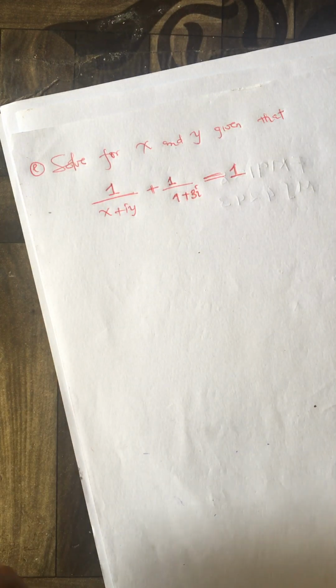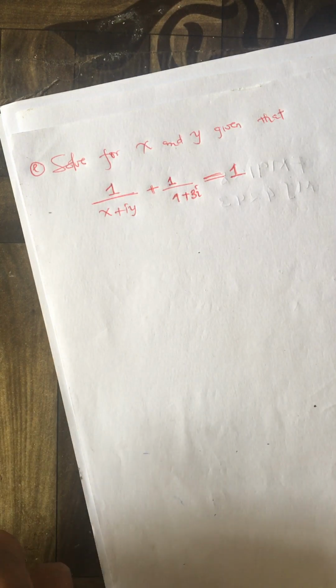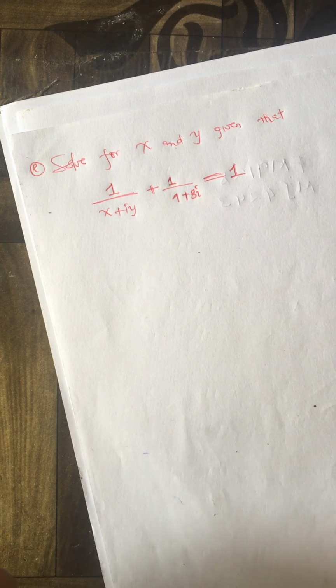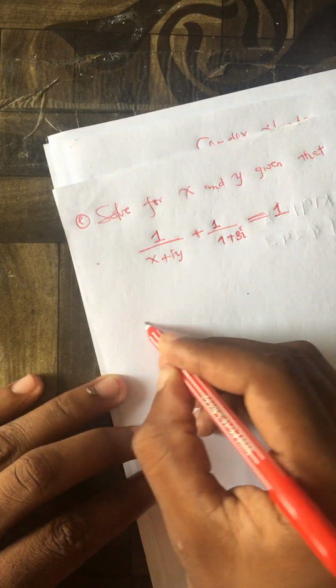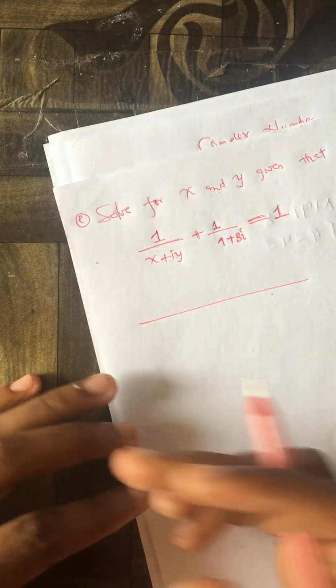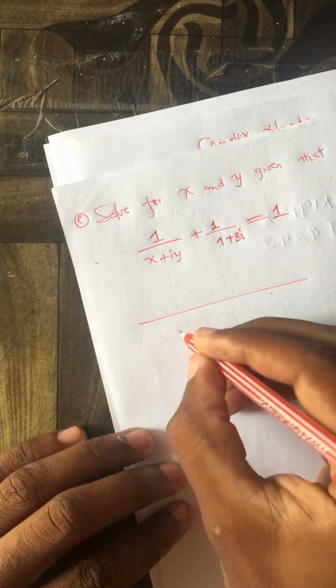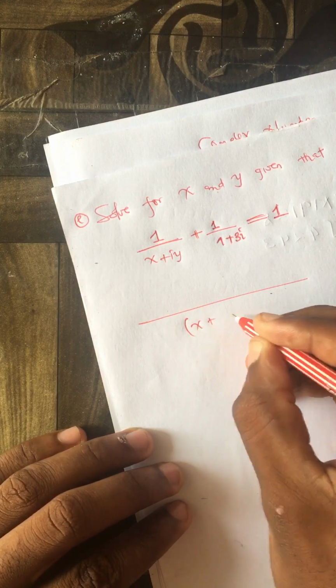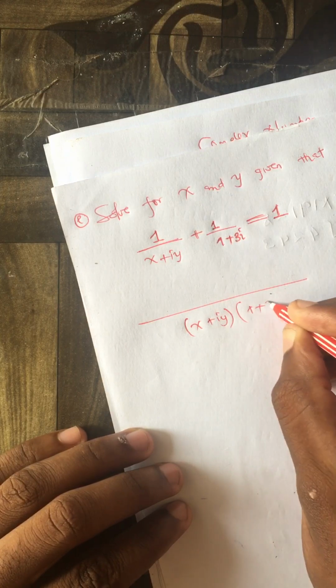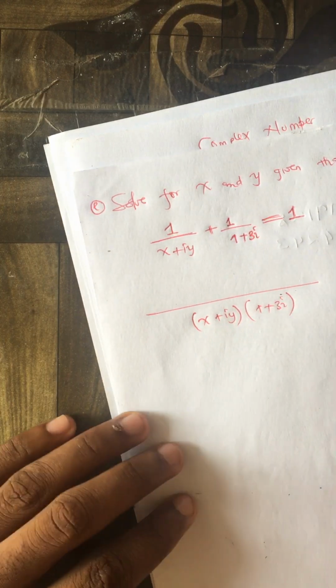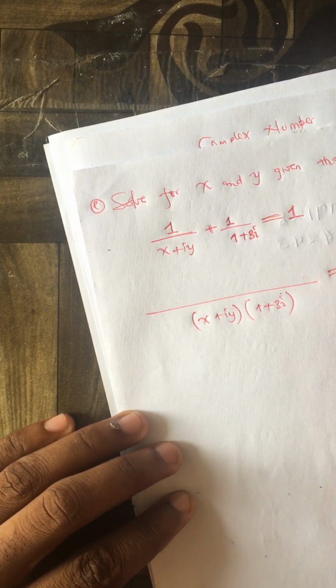Okay, so this is just how to do it with fractions. If you're adding up fractions, the first thing you have to do is find the common denominator. So for this one, what's the common denominator? You just get the two of them and multiply them: x plus iy, then 1 plus 3i. So our common denominator is equated to 1.